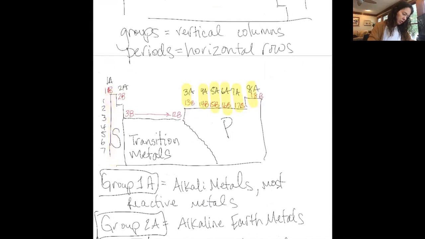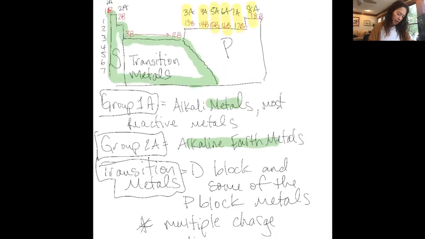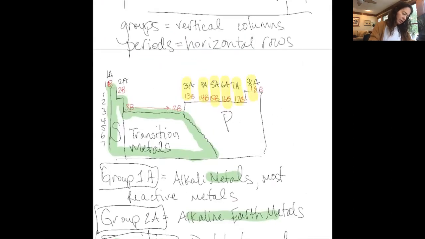Okay, so now what we realize is, looking at our periodic table, let me get a different color since yellow has already been used. Let's get that right there. We realize that all of these here are metals, right? Those are my metals. The first group are the alkali metals, the second line are the alkaline earth metals, and then the D block are the transition metals. Please realize that hydrogen is an element that lives right here.